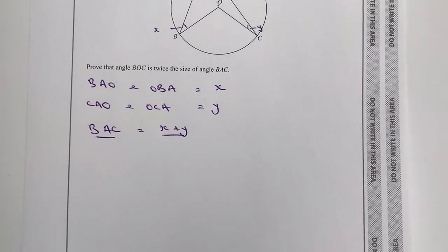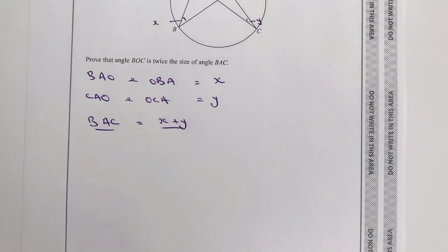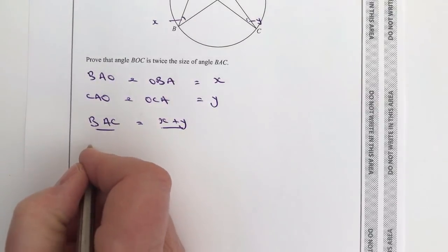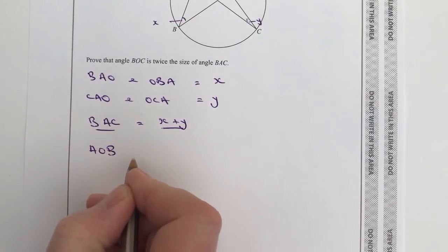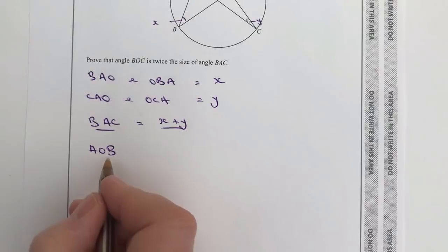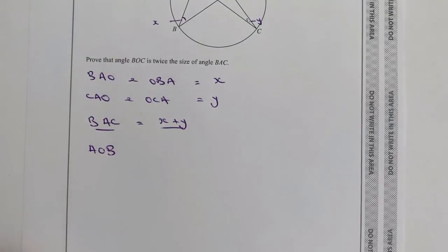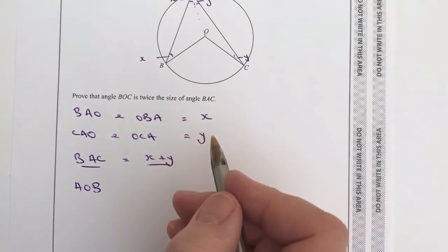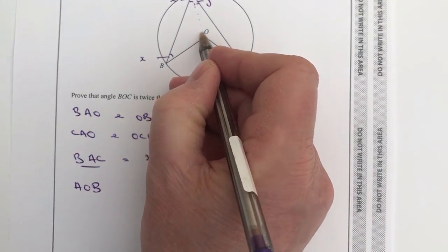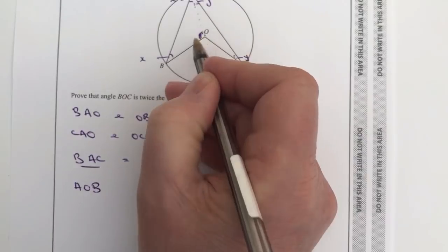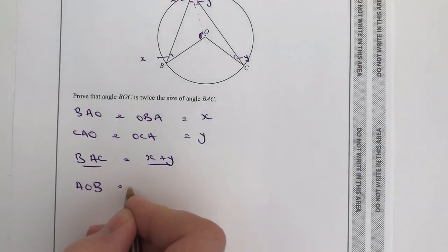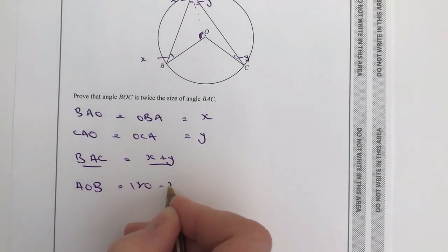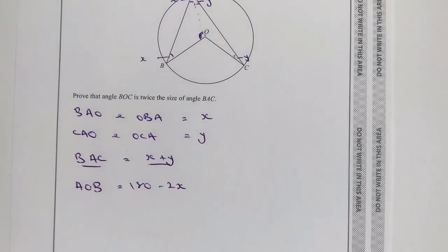So the first thing I'm going to say is that I've got two triangles. I've got AOB, and this is the angle that we're talking about here. So AOB is going to equal 180 minus 2x.